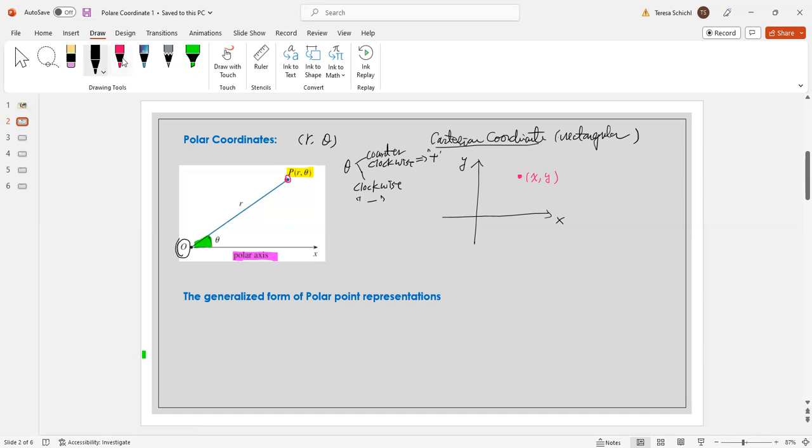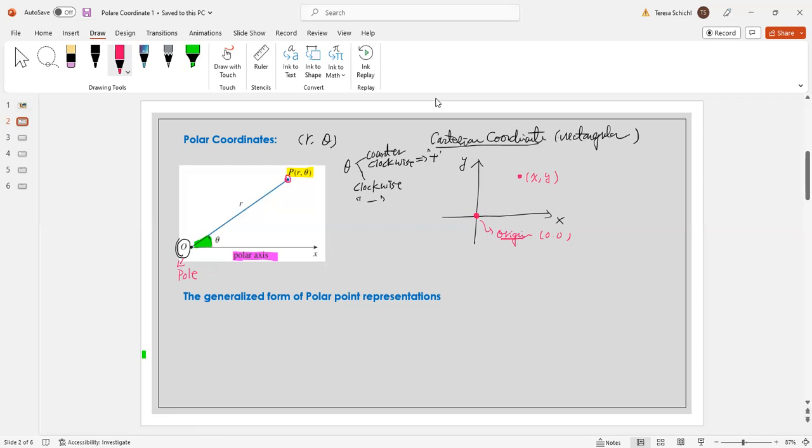In the Cartesian system, we call this point the origin, which is 0, 0. In the polar system, we call it the pole, where it starts. This is what we call the polar coordinates.